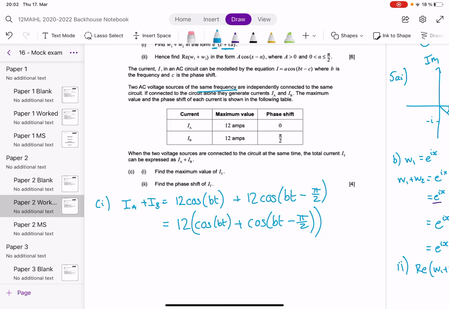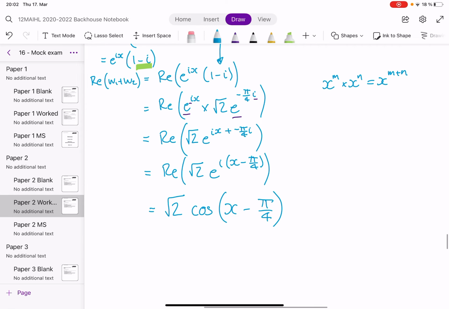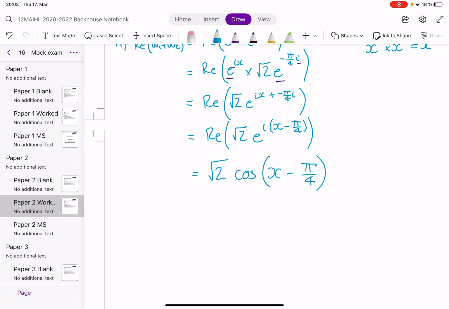And we can say that this is the real part of a complex number. So it's the real part, and hopefully the idea of it being the real part is quite in our mind, because in part B2 we were finding the real part and it led to that cosine function. So all we're doing is reversing that process.